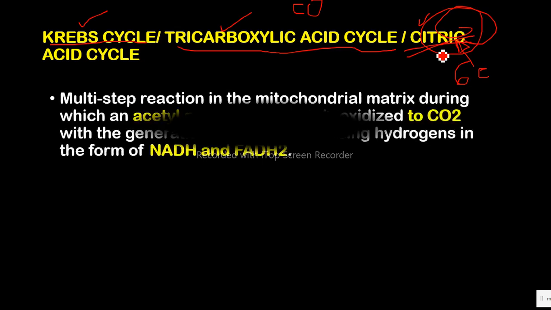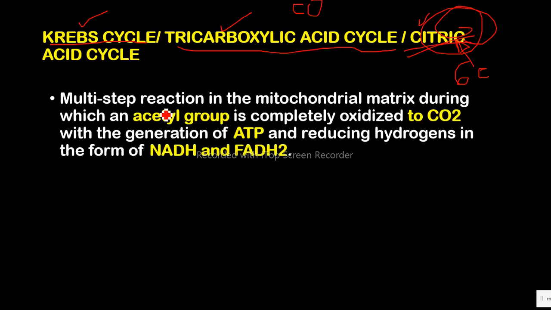So like I told you, it's a multi-step reaction in the mitochondrial matrix, during which the acetyl group is completely oxidized into carbon dioxide with generation of ATP in the cycle. One ATP molecule is formed, but since there are two molecules running, those will be two ATP molecules.